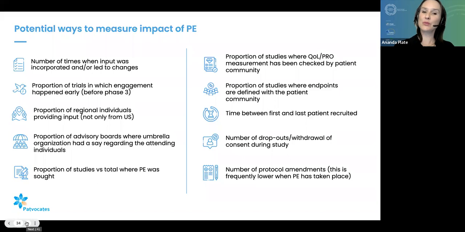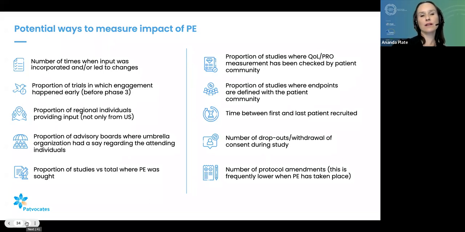The time between the first and the last patient recruited, because it's something that we very often don't see, but actually when patient engagement happens, there's time saved. The number of dropouts and withdrawal of consent, we believe, can be reduced importantly when patient engagement happens in a meaningful way. And the number of protocol amendments as well, we feel can be decreased.